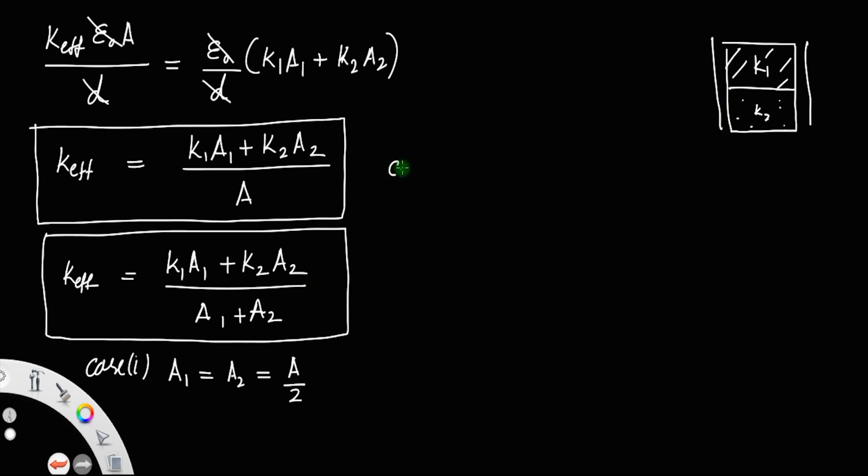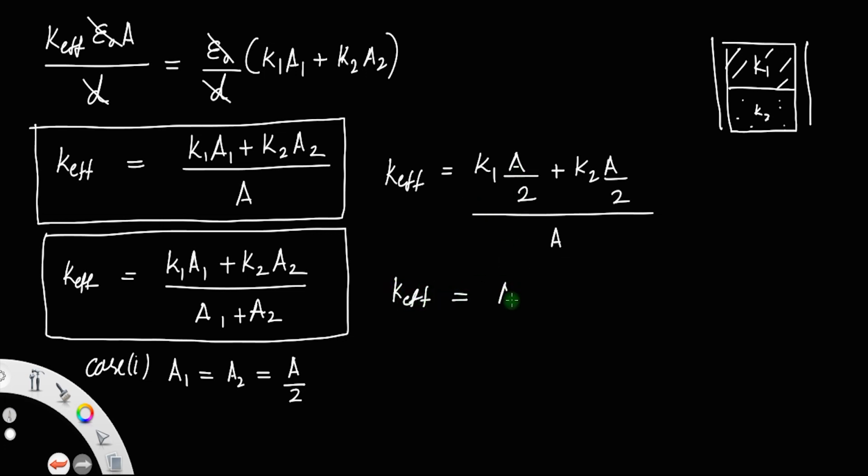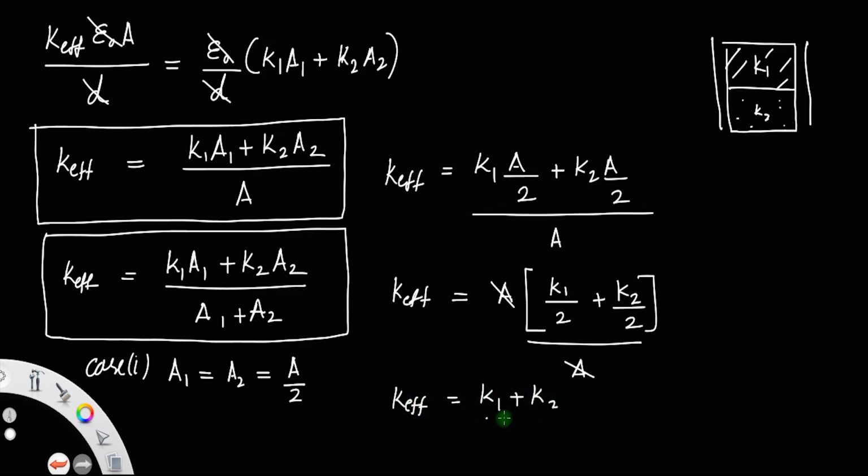In that case, K effective will be K1 times A by 2 plus K2 times A by 2, divided by A. Taking A outside, it will be K1 by 2 plus K2 by 2, times A divided by A. Cancel this A and A. So K effective will be K1 plus K2 divided by 2. Clear? So that's the special case.